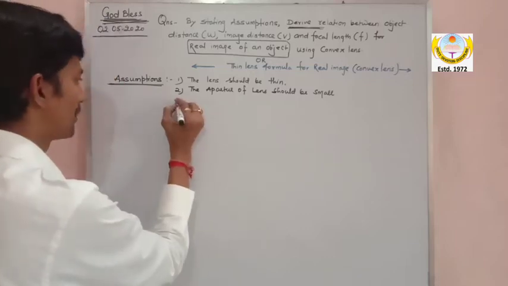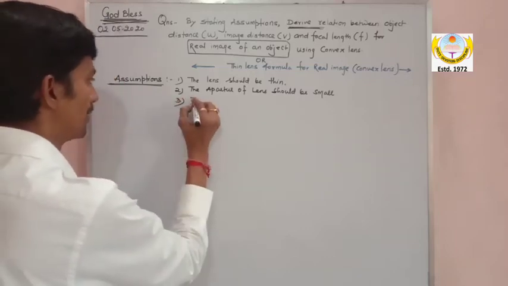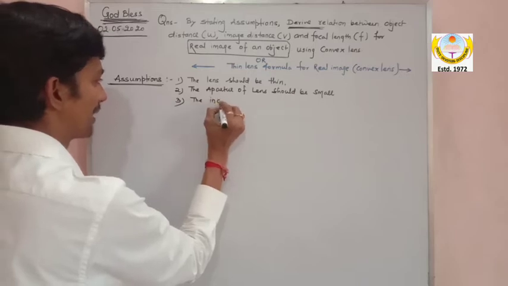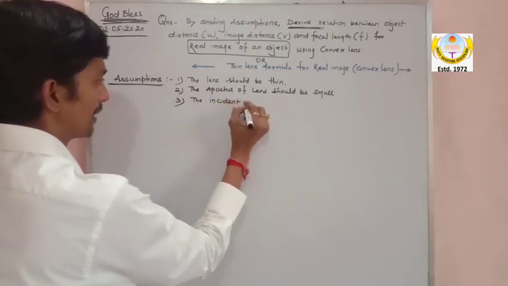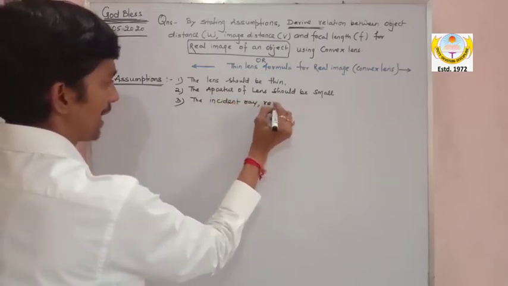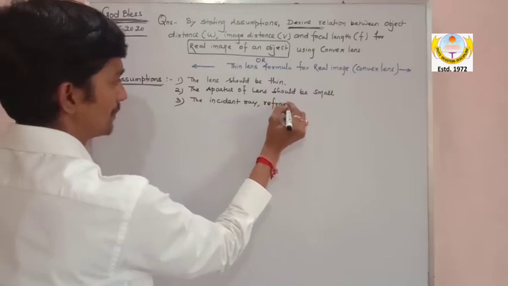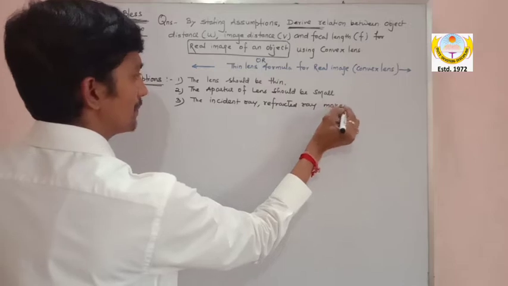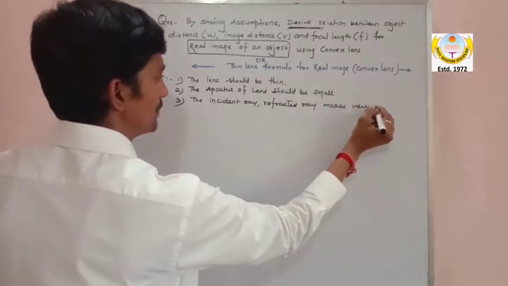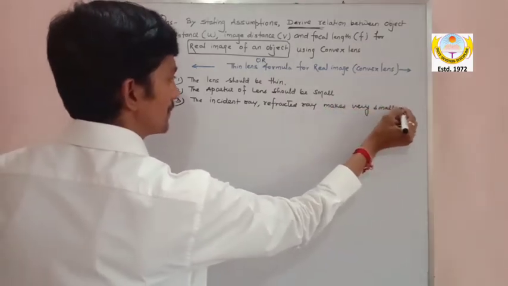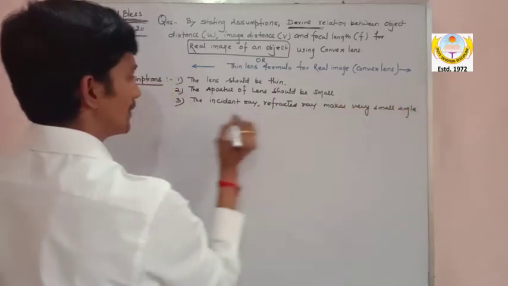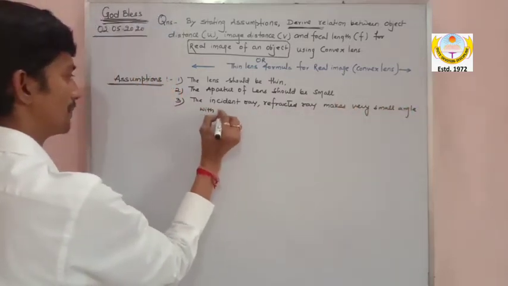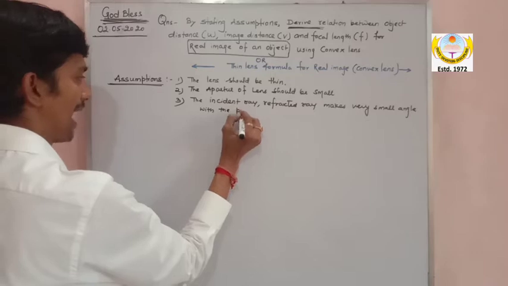Third, you all know this also: the incident ray and refracted ray make a very small angle with the principal axis.